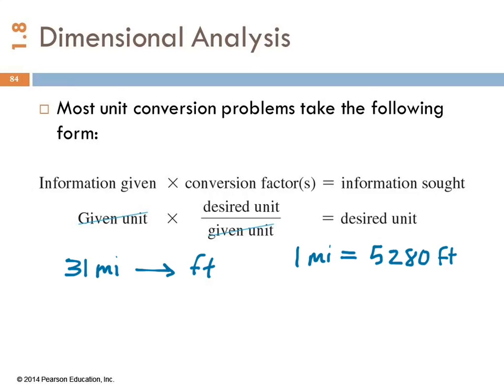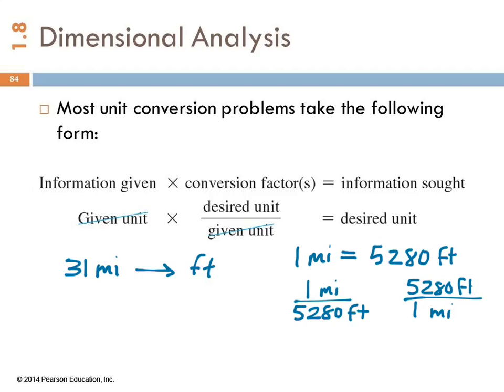That's the relationship between them. So we could make two different conversion factors from that. We can say 1 mile per 5,280 feet, or we can turn it upside down, invert it, 5,280 feet per 1 mile.